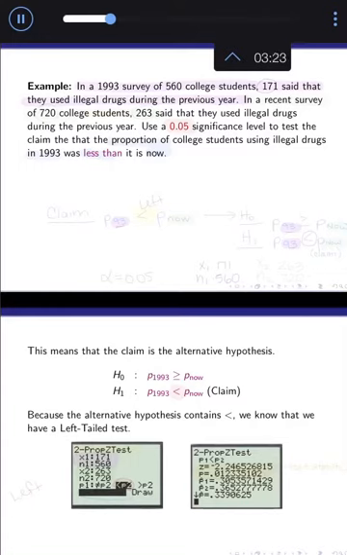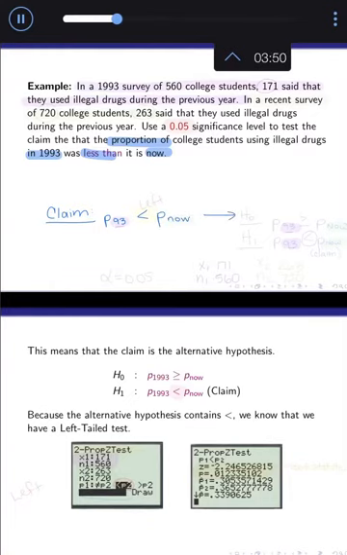So let's look at the claim right off the bat. The claim is that the proportion of students in 1993 is less than it is now. So let's write out that claim using symbols. Our claim is that the proportion in 93 was less than the proportion now.